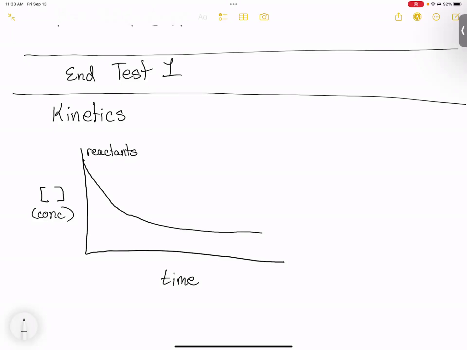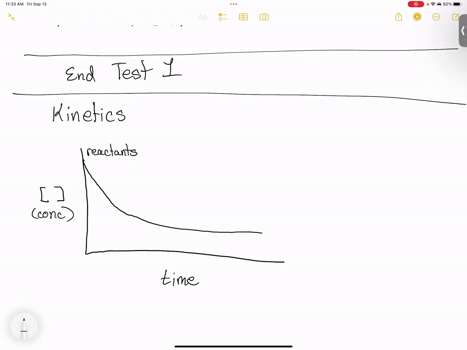They're going to run into each other. But as you progress through a reaction, the amount of reactants decreases, so we have a much lower concentration of those reactants. The fewer the reactants, the less likely they are to collide, and that's why we see this leveling off effect.